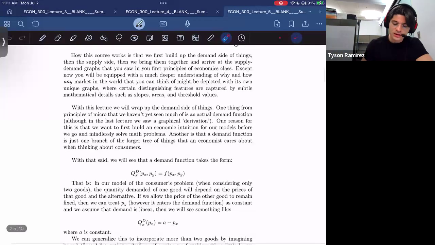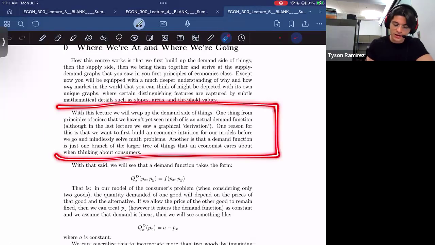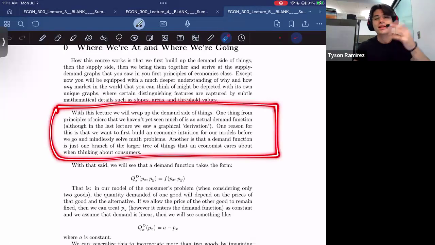And like I said at the beginning of this talk, one thing that we haven't seen yet, not seen much of yet, is an actual demand function, right? An actual function for demand where you plug in a price, or if it was the inverse demand function, you would plug in a quantity and you would get some demand, all right?